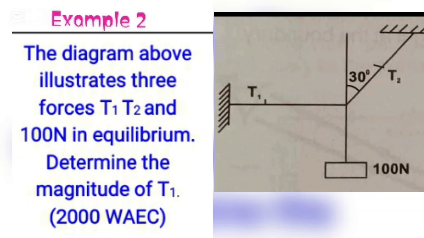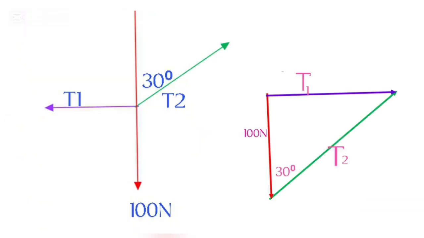We have T2 suspended from a ceiling and T1 horizontally. If you look at that diagram, 100 is acting directly downward. We can shift it up a little. Then we use T1 to close it up to form a triangle. What we'll have there is a right angle triangle.